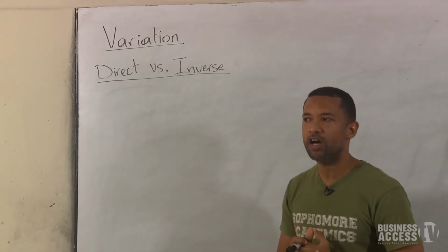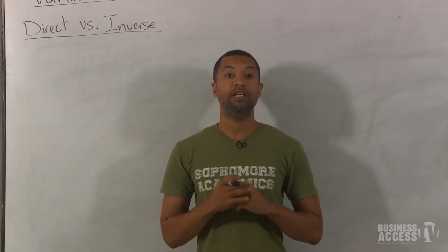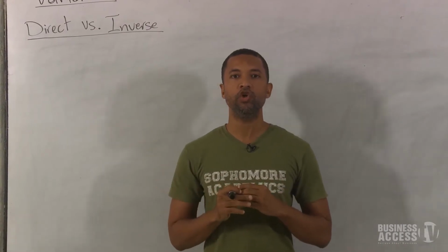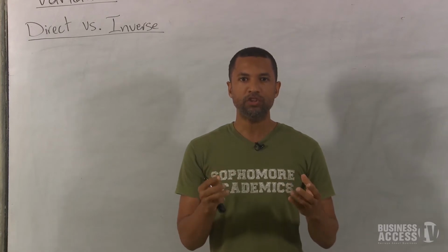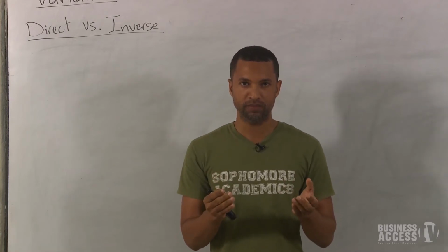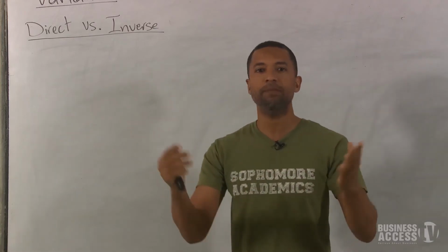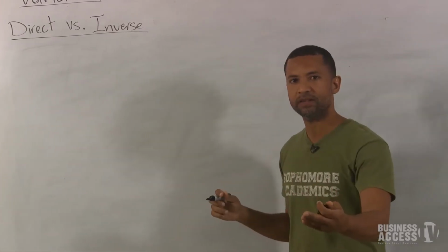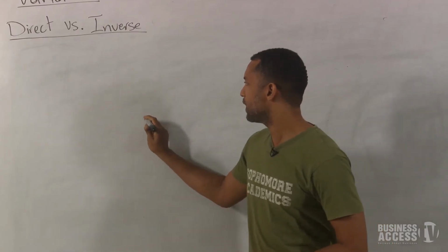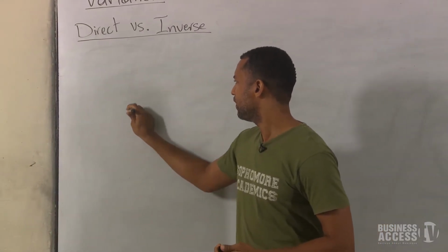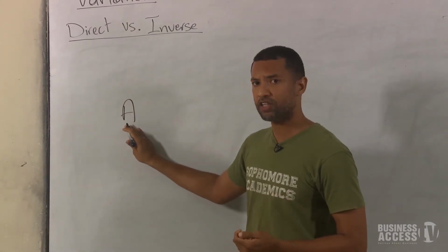But variation, what exactly are we talking about? This topic is really just looking at the behavior, the relationship between two variables. Let me use an example that most of you are already familiar with: the area of a circle.